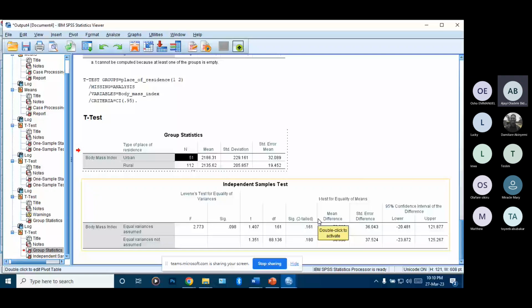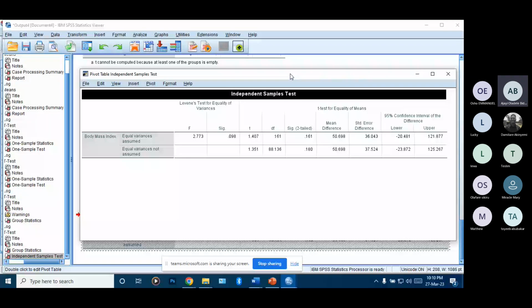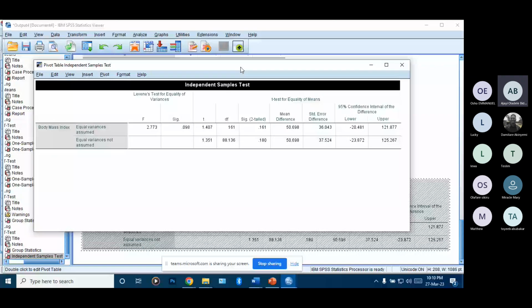This output actually brings out two different tests for us. The first one is Levene's test, and the second output is the main t-test. This is the Levene's test, and this is the main t-test.